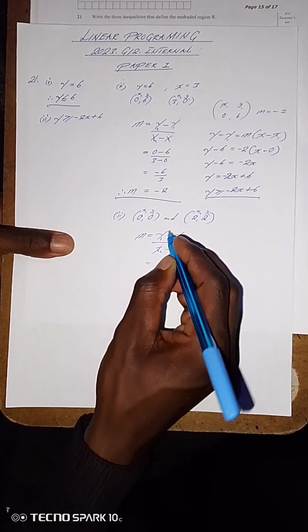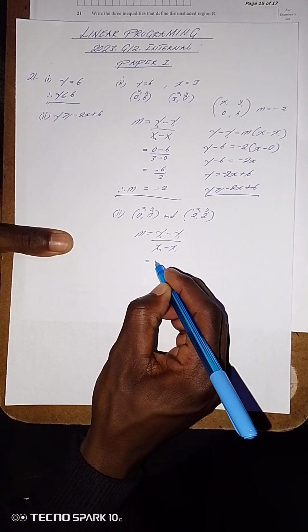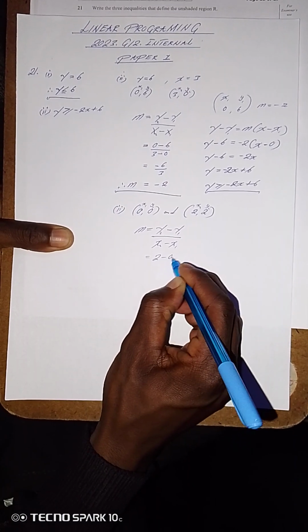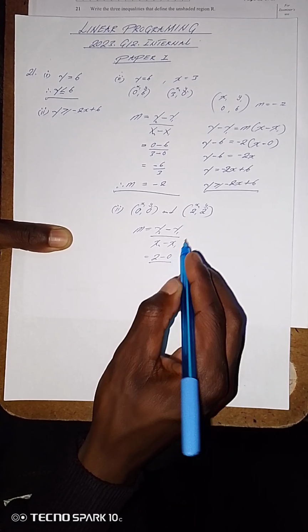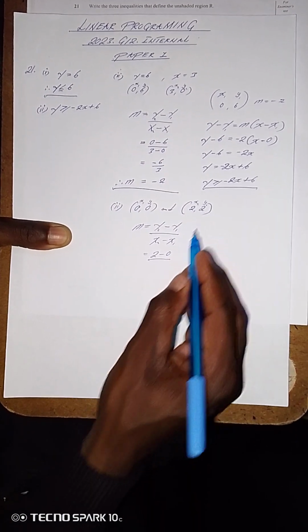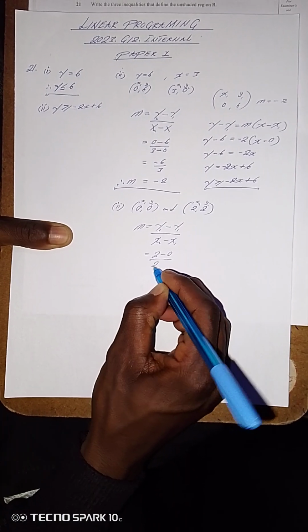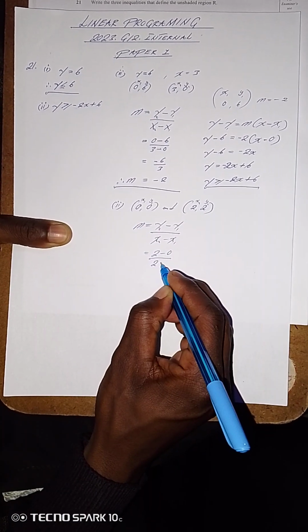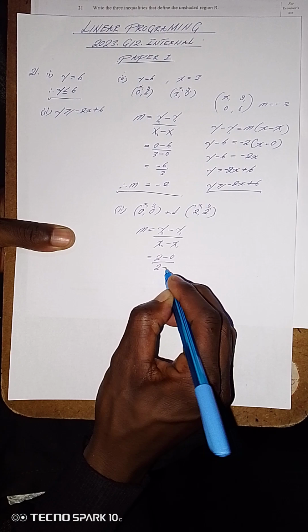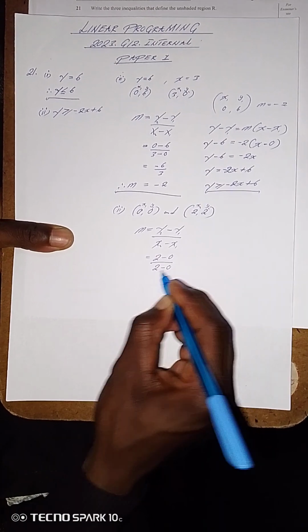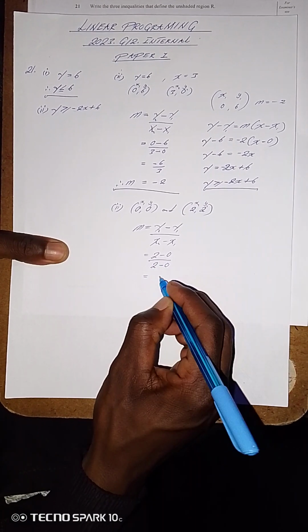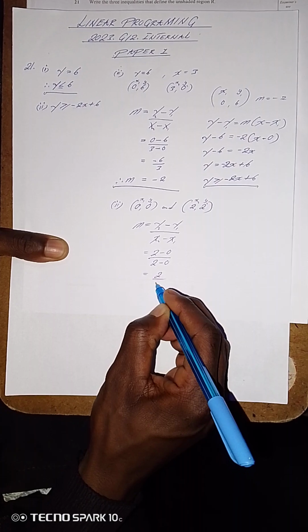Let's do the substitution. 2 minus 0 over our x2, it's what? 2, x1, 0.